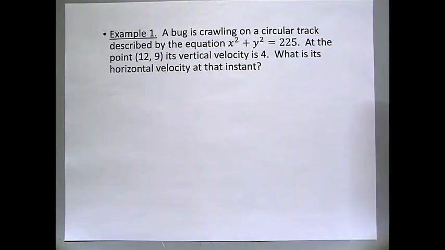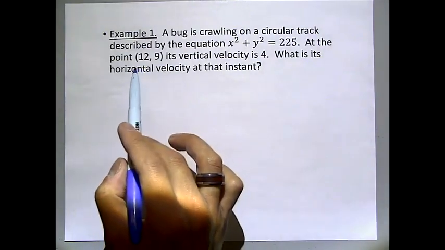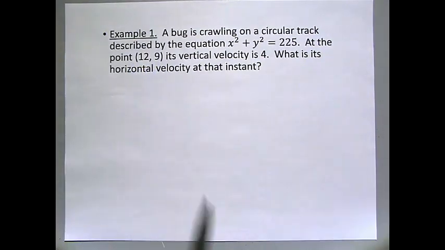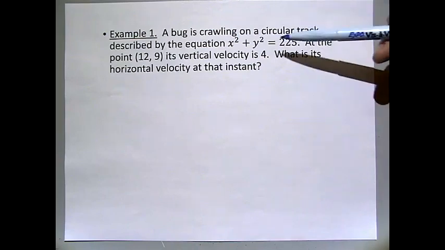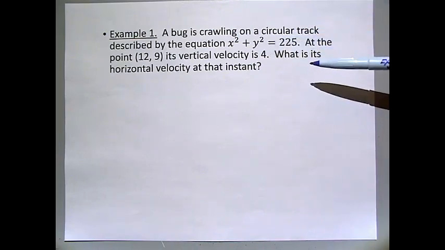So this thing is going around on that track. At the specific point 12, 9, when x is 12, y is equal to 9, it has a certain velocity, and the vertical component is 4. We want to find out what is the horizontal component of the velocity at that point.